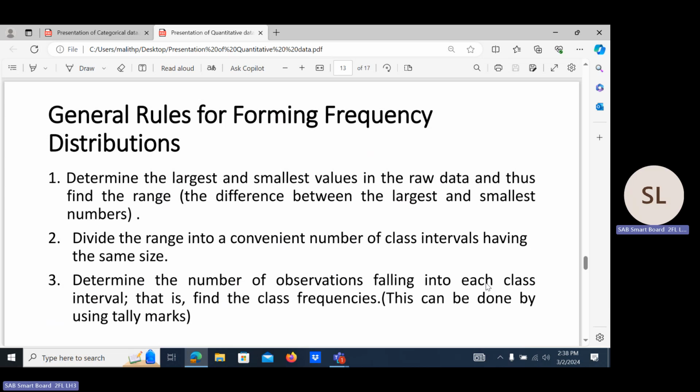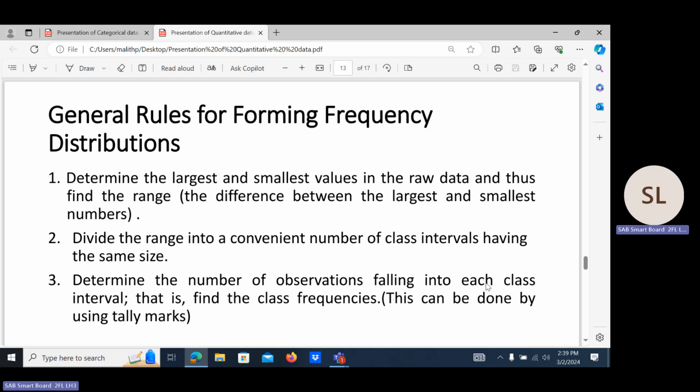Then we move into constructing the frequency distribution. We need to write the class limits according to the width of a class. The third step is to calculate the width of a class, the size of the class intervals. How to calculate it? Now you know the range and how many class intervals we need.